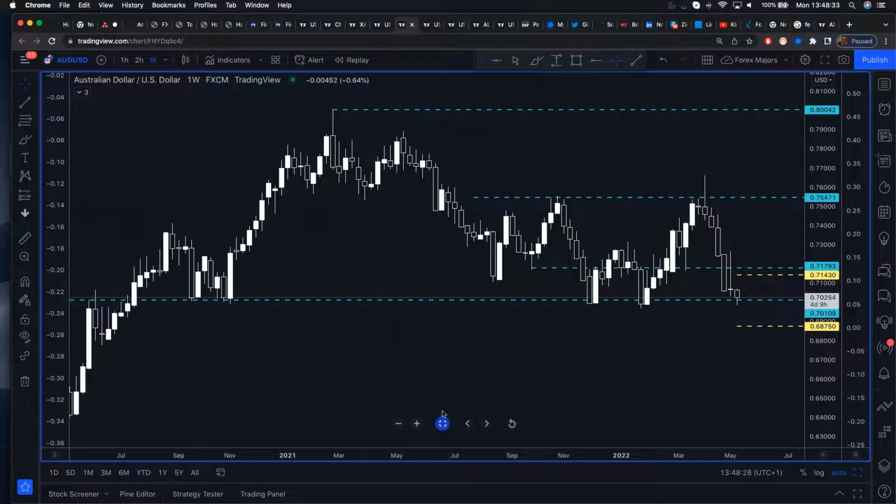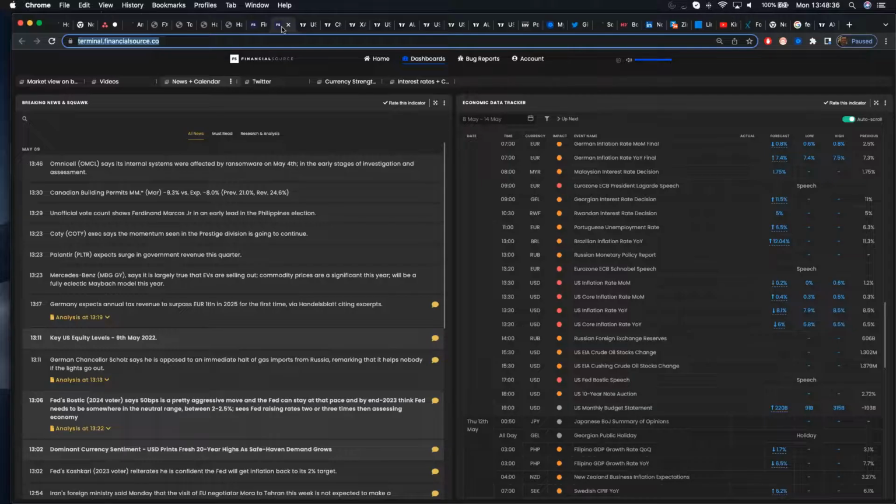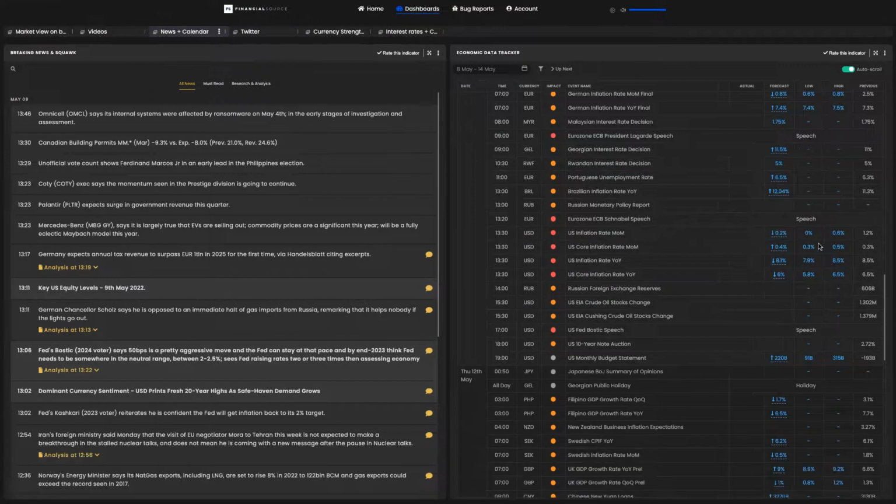So ideally, you'd want to see a miss in this inflation print. So come Wednesday, if you see the headline come in below 7.9% and the core below 5.8%, expect the dollar to correct. And I would personally look for things like the euro US dollar upside, pound US dollar upside.